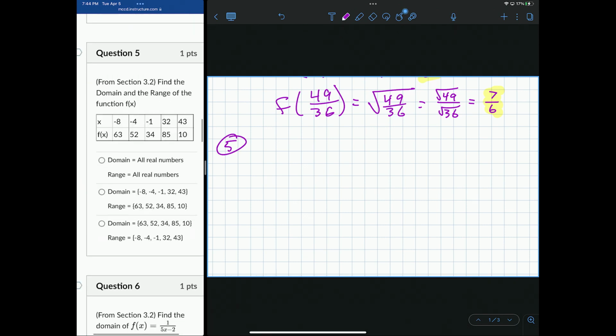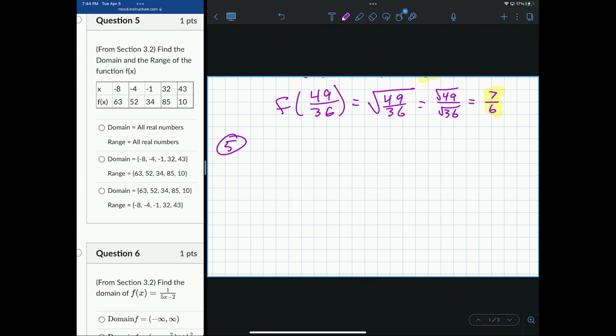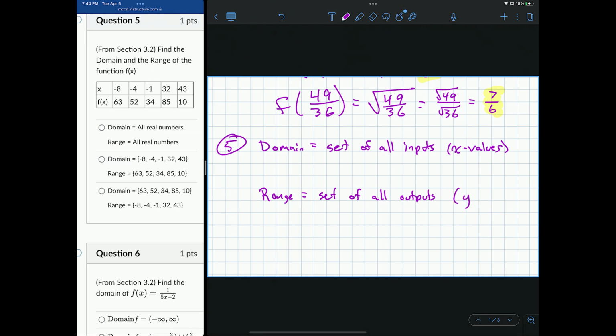Number 5, find the domain and the range of the function. Remember that the domain of a function is going to be the set of all inputs, which is generally going to be the x values, and the range is going to be the set of all outputs, which is generally going to be the y values for the function. So with that in mind, the domain of f is going to be the set of all the x values.